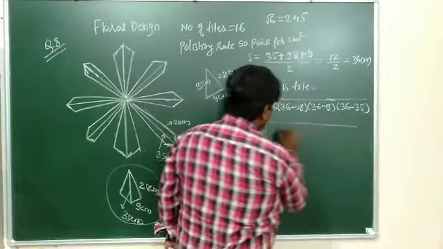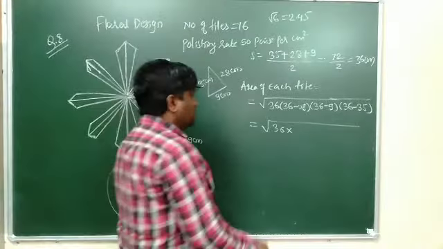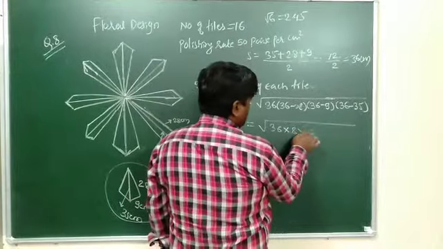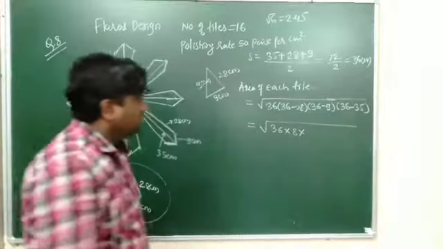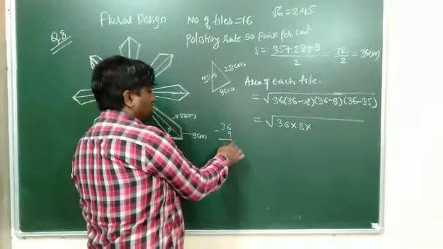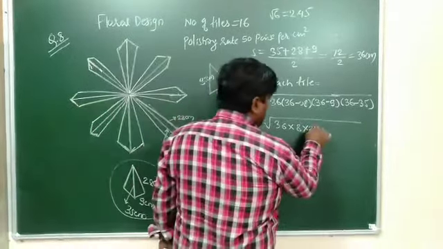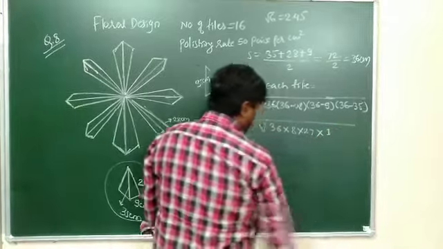So 36 minus 28 is 8, and 36 minus 9 is 27, and this is 1.